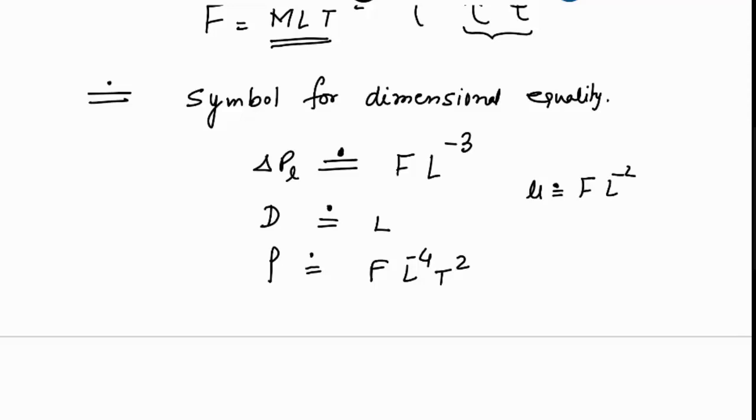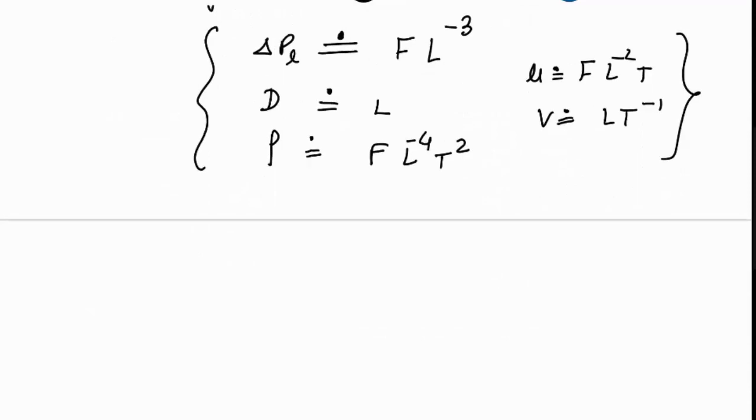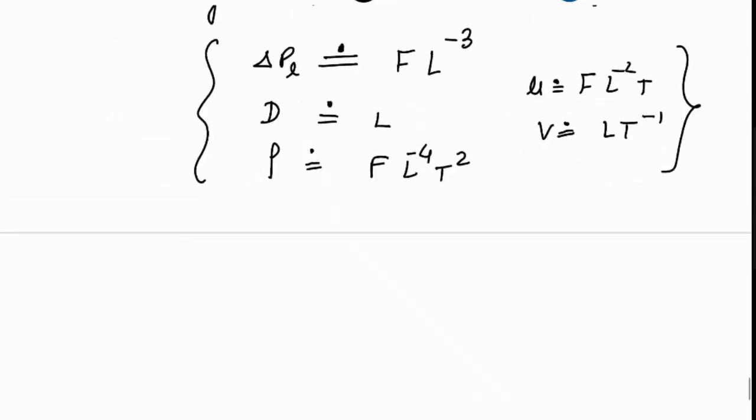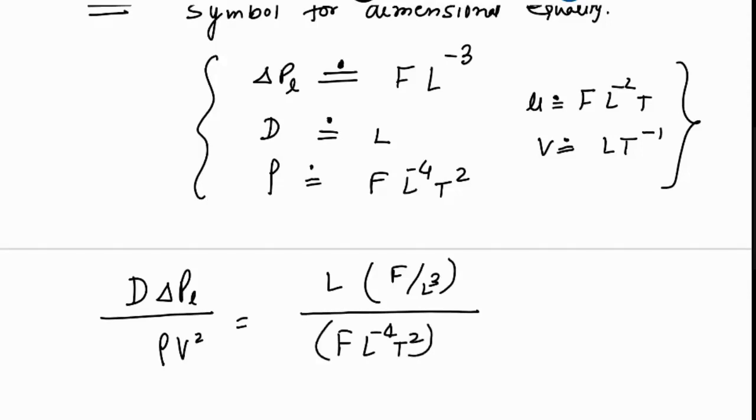If there is any mistake, please let me know. Velocity is LT minus 1. So these are the dimensions of the 5 variables that we introduced in this problem, and then we reduced them into 2 variables. Just to verify, one dimensionless group was delta P L divided by rho V square. If you plug in all these dimensions, L, and this is F by L cubed, and rho is FL minus 4T square, and this has a dimension of LT minus 1 whole square.